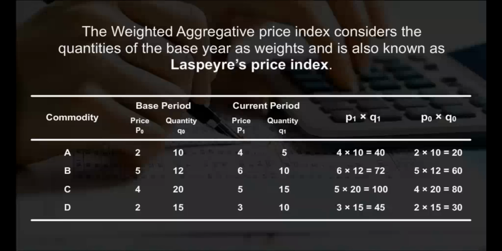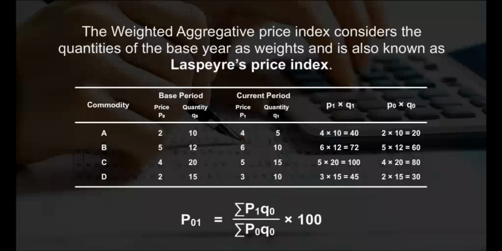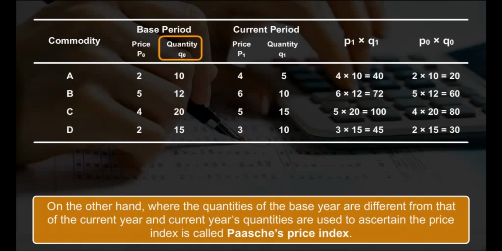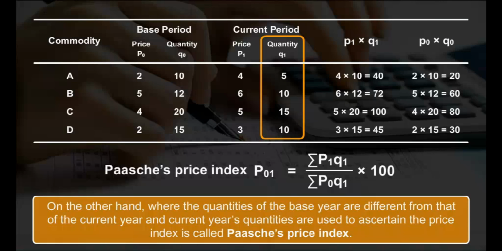The weighted aggregative price index considers the quantities of the base year as weights and is also known as Laspeyres' price index. On the other hand, where the quantities of base year are different from that of the current year and current year's quantities are used to ascertain the price index, it is called Paasche's price index.